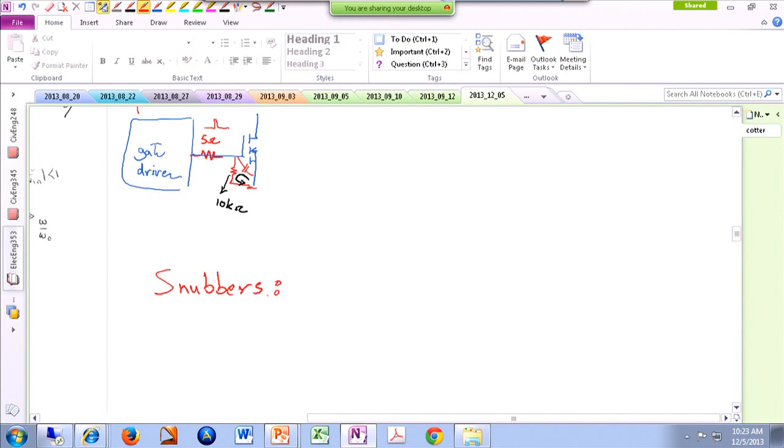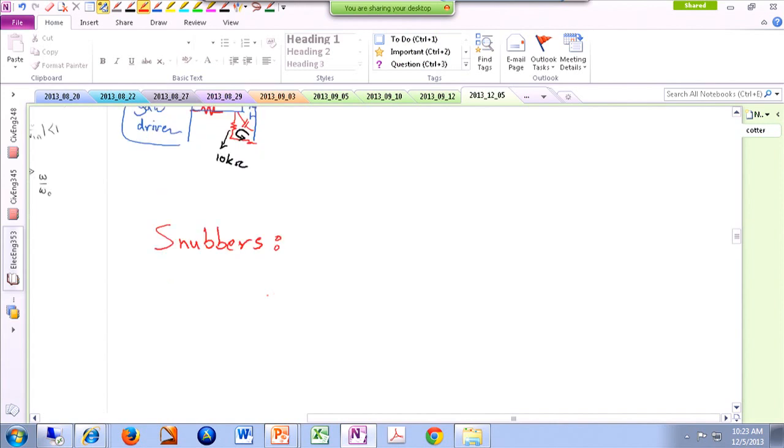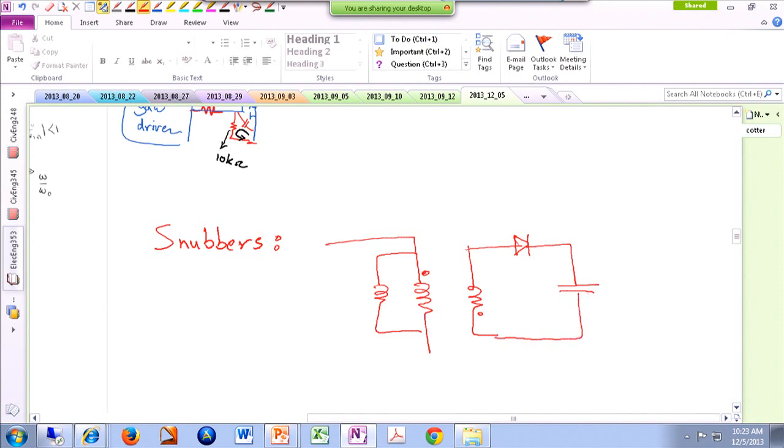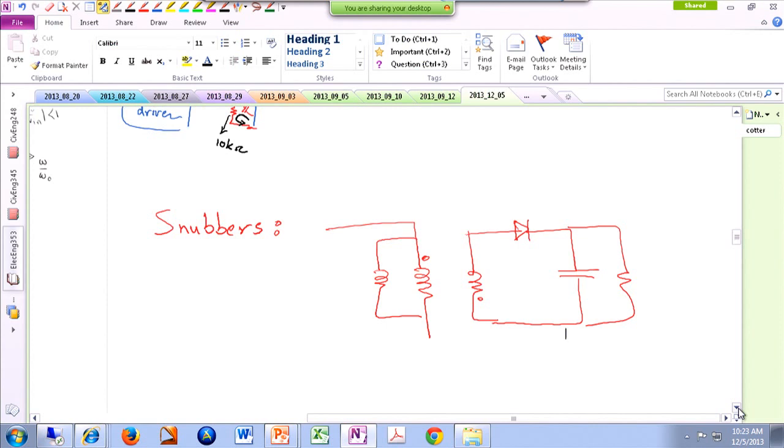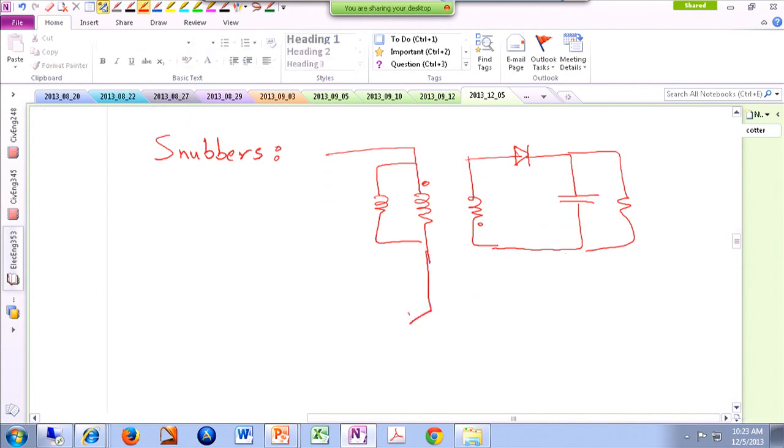Okay. Again, you may look at the design of someone else and see that they are, for instance, building a flyback converter. Remember, it was something like this. For instance, they are using an IGBT over here.